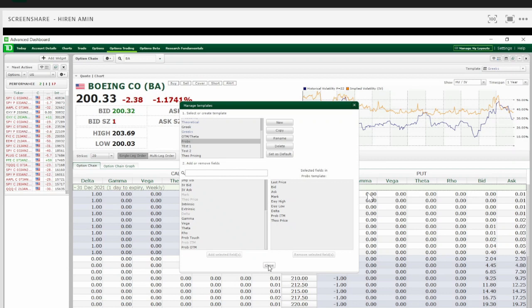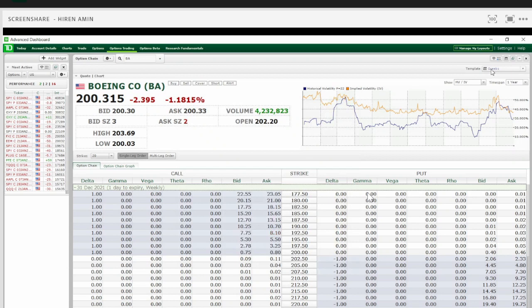I'm going to close this now. To save it, you simply hit close. Once you've added everything in there, you have the ability to sort it as well, so you can push things higher or lower, whatever you want. Let's say I want theoretical price to go higher in the chain. So I'm just going to keep moving it up, next to the last price and then the mark. Okay, so I have that. I'm going to hit close.